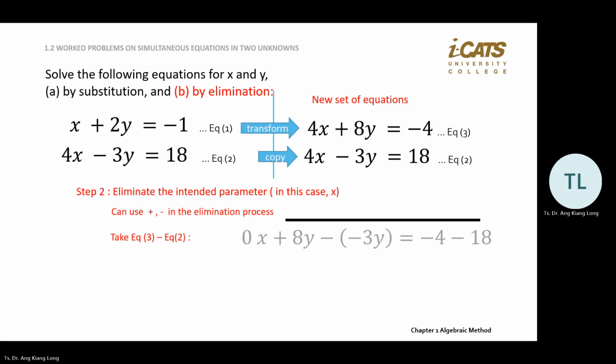So you get 4x minus 4x, which is 0x, plus 8y minus 3y, and minus 4 minus 18. This is where careless mistakes usually happen, because you take equation 3 minus equation 2.